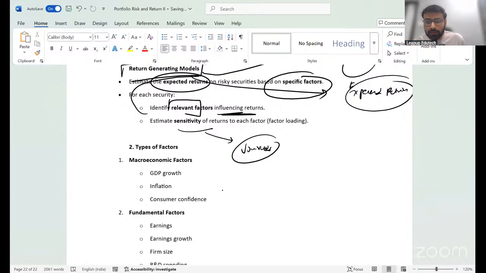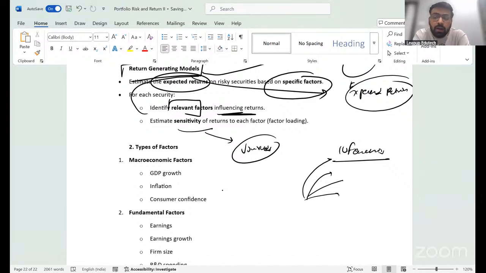There are 10 factors that are impacting a particular stock. My sensitivity as a stock to different factors might be different. I might be more sensitive to X factor, I might be less sensitive to Y factor, and might be different from another stock. Let's say, for example, my stock is a consumer discretionary stock.